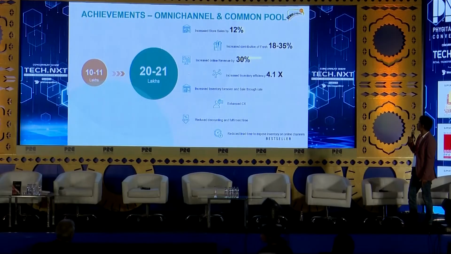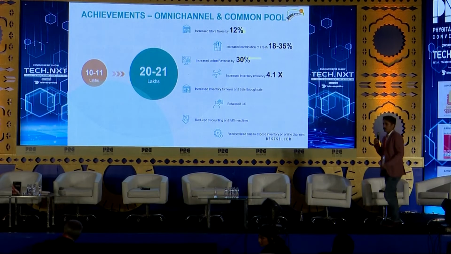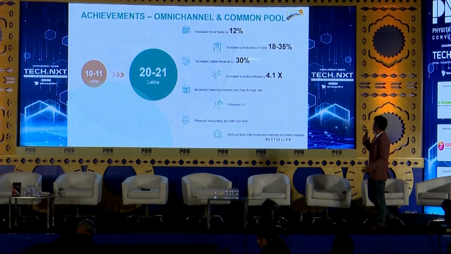Looking at our store sales, as of now, we increased the store sales by 12%, which we never thought Omni would bring, and people will buy fresh merchandise from the channels which were perceived as discounted online channels. The contribution of fresh in our online business has gone to around 35% as of now. Online revenue, we have increased by 30%.